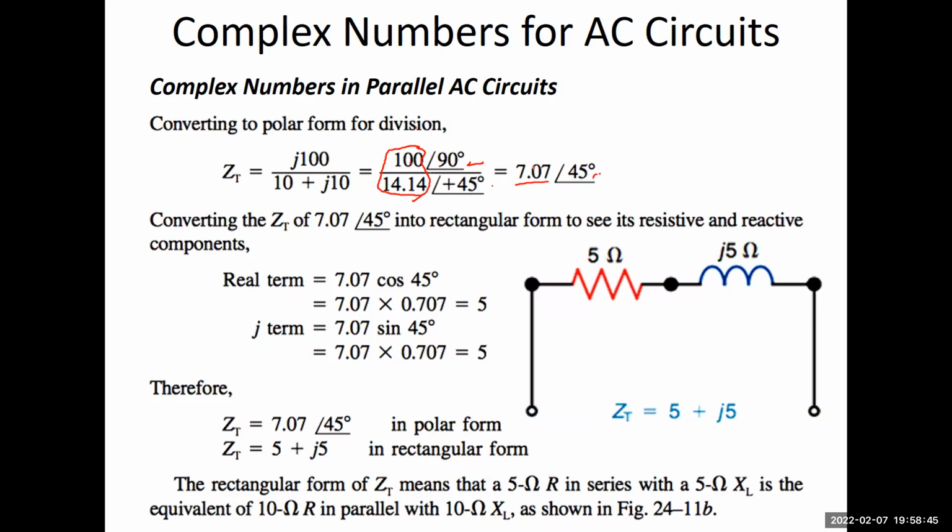So that will now be your total impedance in polar form. And this impedance in polar form is also equivalent to the impedance in rectangular form, which is equal to 5 plus J.